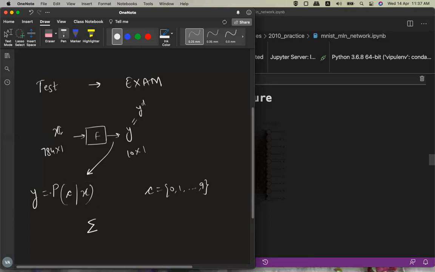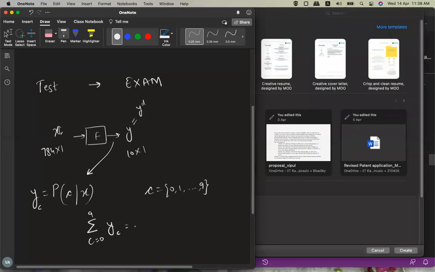Say this is yc, because y will have 10 values. If y is a vector, it will have 10 values. The 0th value will be the probability of label 0, 1 will be the probability of label 1, like that. So my yc should sum to 1, for c equal to 0 to 9, to have a probabilistic interpretation.